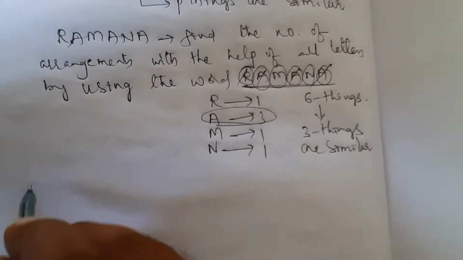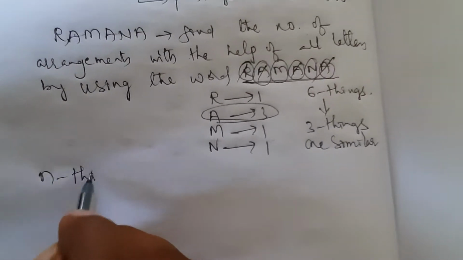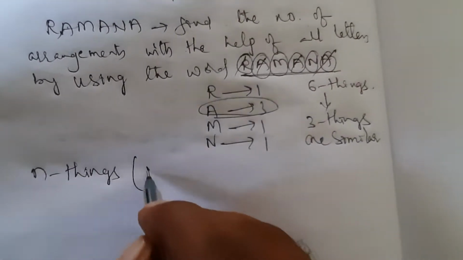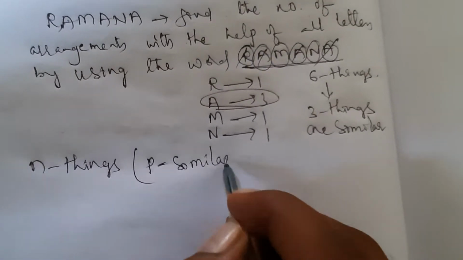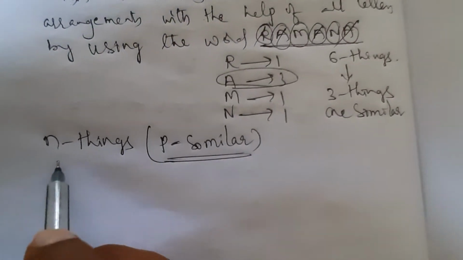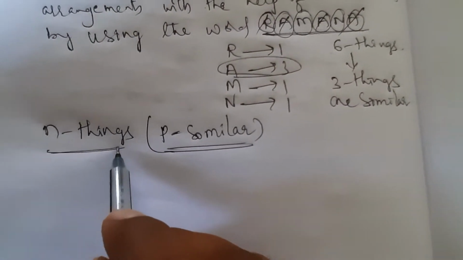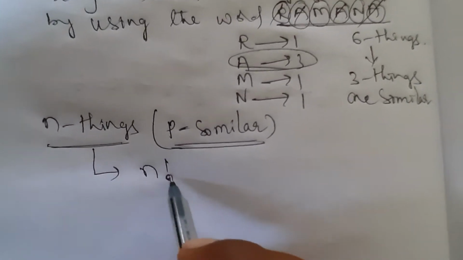Here is the formula. Now we will discuss that formula also. They give n things, out of these n things, p things are similar things. In general, if n things are different, in how many ways can we arrange these n things? n factorial ways.